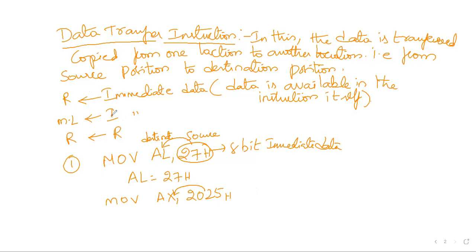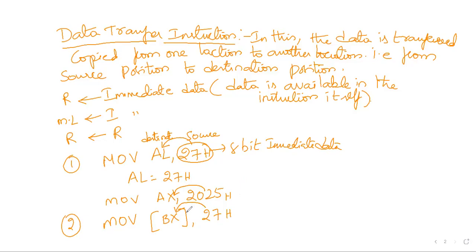Similarly, immediate data can be transferred to a memory location also. For example, MOV [BX], 27H. Here 27 is the immediate number, and it is transferred to a memory location.